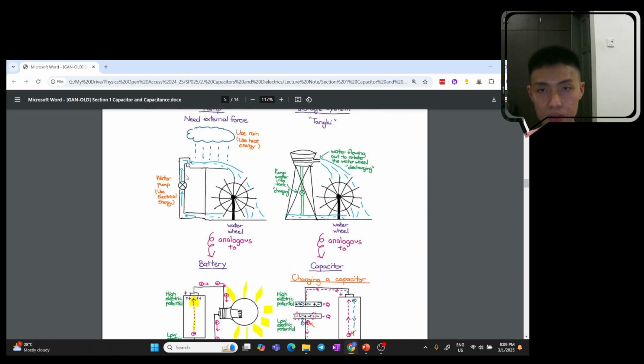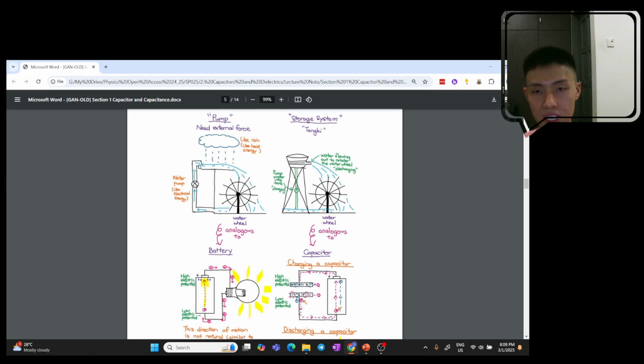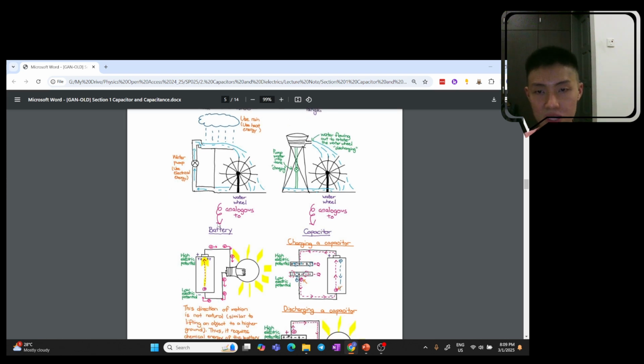The pump applies some electrical energy to pump the water from lower ground to higher ground, and the battery likewise allows us to move charges from a low electric potential place, the low energy place, to a high electric potential place, the high electric potential energy place.